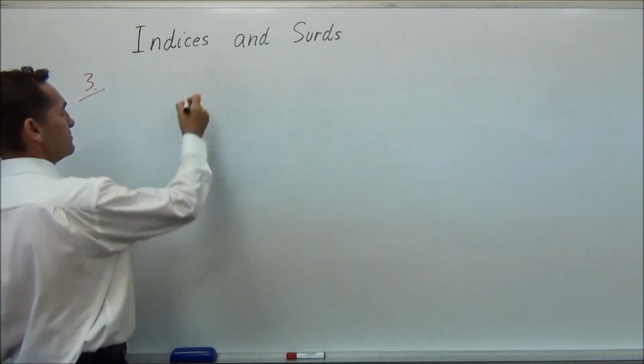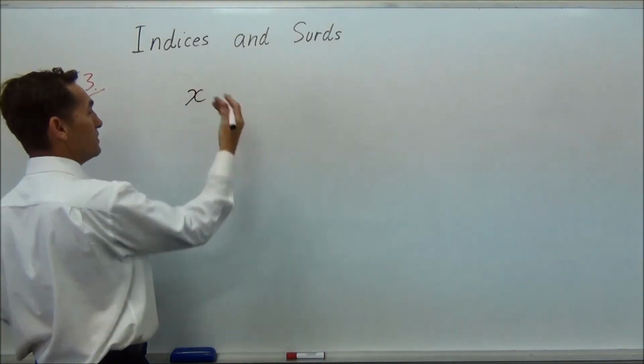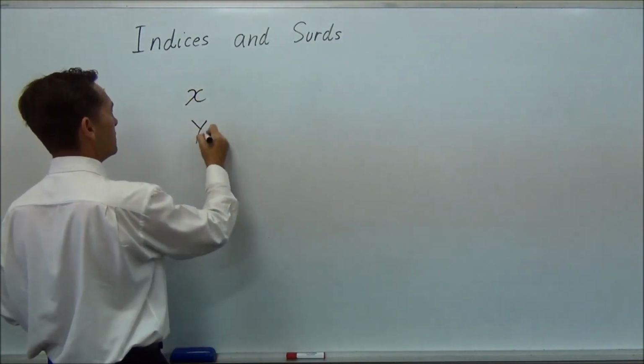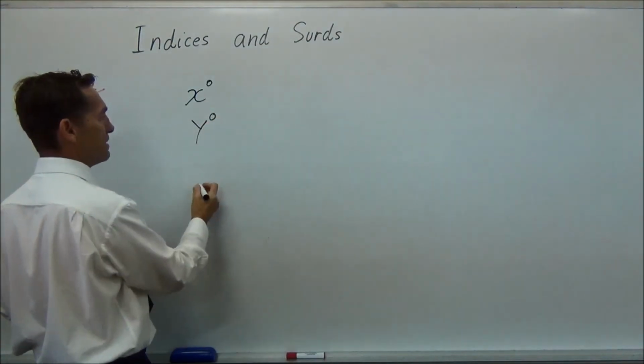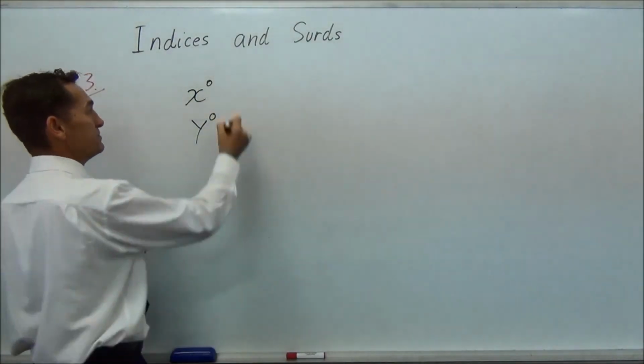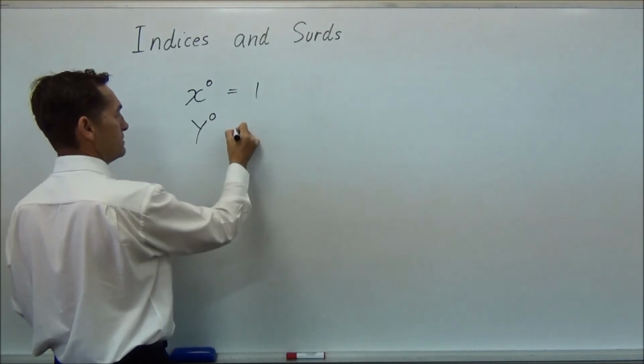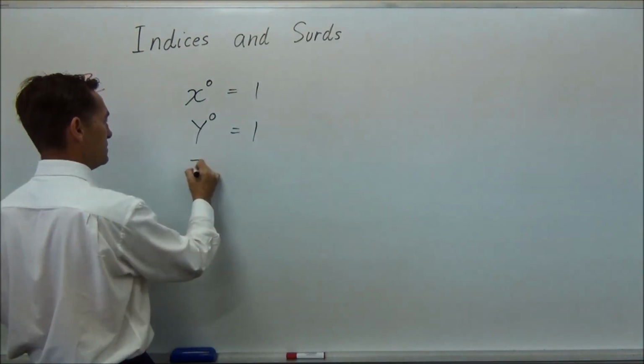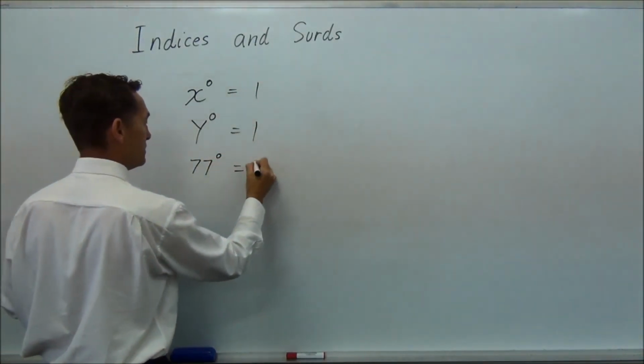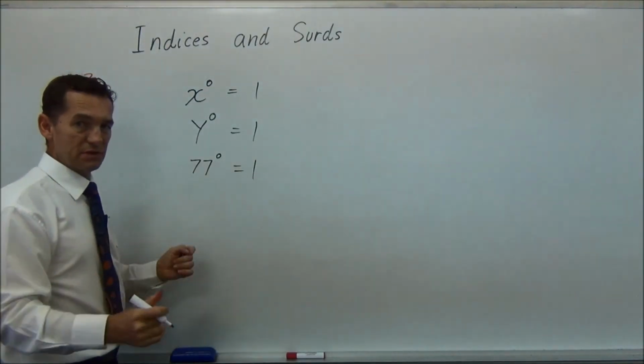Back again for the third thing. Last thing, if you have x or anything, y, anything to the power of 0, it equals 1. So x to the 0 is 1, y to the 0 is 1, 77 to the 0 is 1, anything to the 0 is 1.